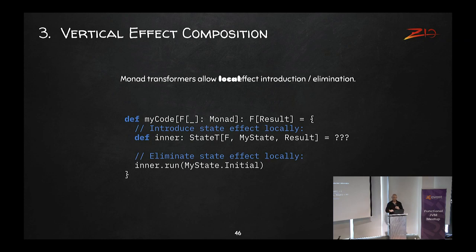And now when we end up returning, we just return an F out of this function. So other code that called into our code doesn't need to know that we used state, because we can hide our use of state.